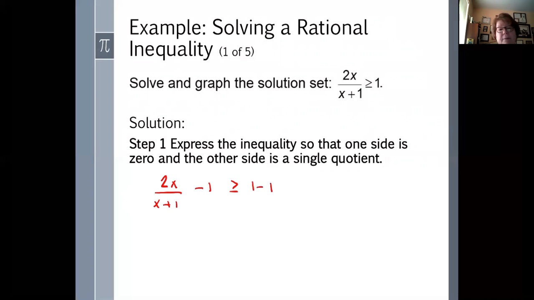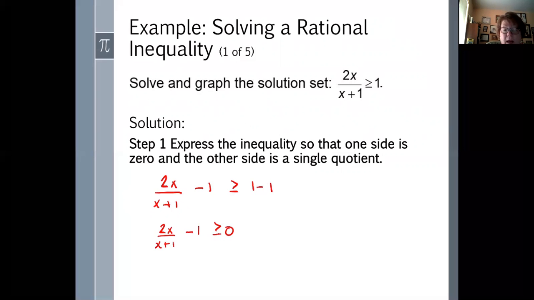from both sides. So now I have 2x over x plus 1 minus 1 greater than or equal to 0. Now, to be able to solve a rational inequality, I must have this in the form where I have a rational function on the left-hand side and 0 on the right-hand side of the inequality symbol.